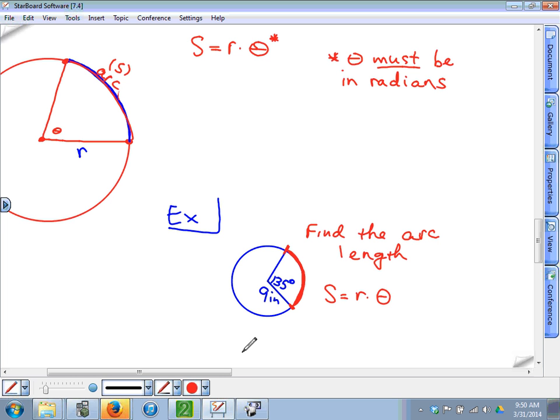So, before we even use this formula, 135 degrees has to be converted. Multiply by pi over 180 degrees, and pi has to go on the top. So it's pi over 180.